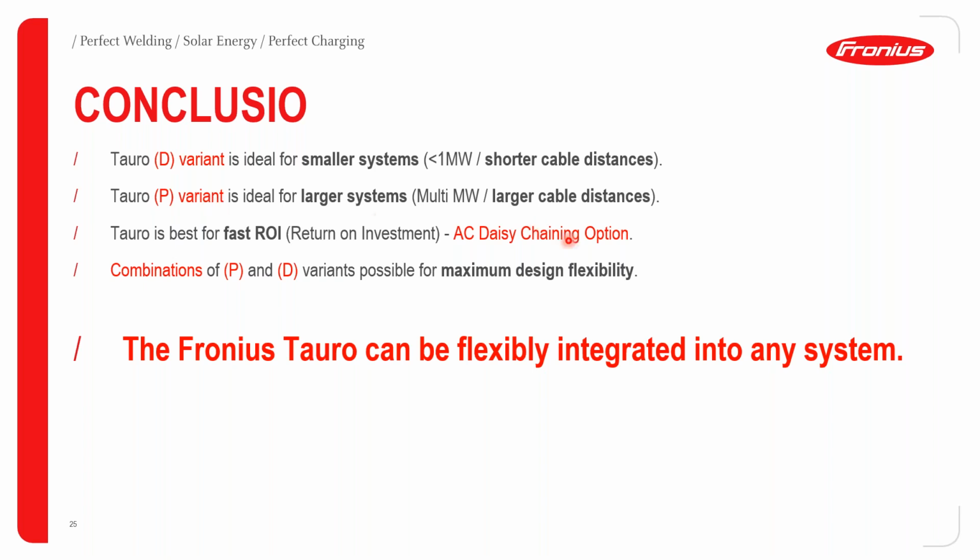We've also heard that AC-DC chaining is best if fast return on investment is a very high priority, and also combinations of pre-combined and directs are possible for maximum design flexibility. So the last sentence here is: the Fronius Tauro can be flexibly integrated into any system.